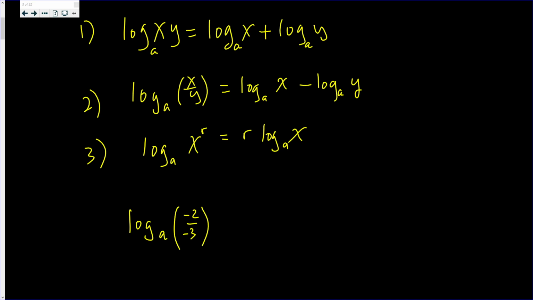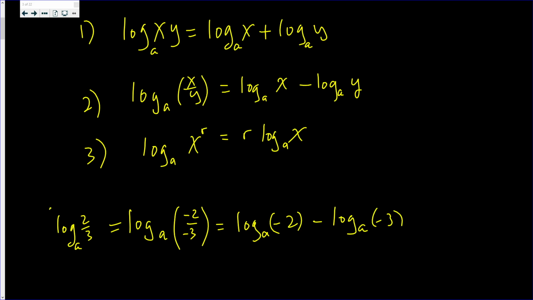That's okay, because that equals log of 2/3. But you can't say that it's log base a of negative 2 minus log base a of negative 3. This side is valid. It makes sense.